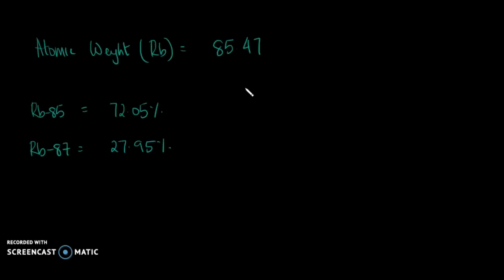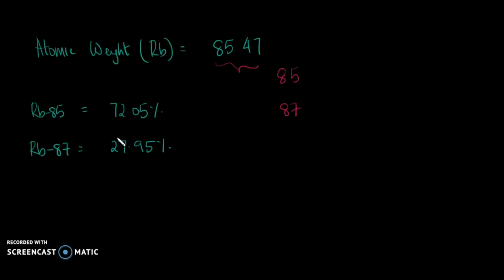Let's check our answer intuitively. We were given the atomic weight of rubidium to be 85.47, and we calculated the percent abundance of rubidium-85 as 72.05 and rubidium-87 as 27.95. The clue lies in the atomic weight given to us. Since 85.47 is closer to 85 than it is to 87, we have a pretty good idea that the percent abundance is higher for rubidium-85 than for rubidium-87.